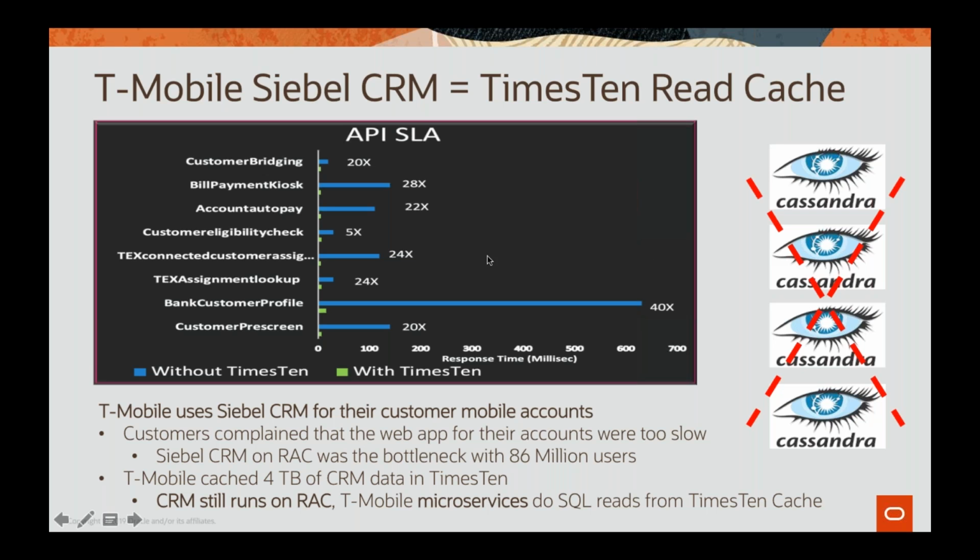They went back to the original data model, went back to the original SQL, and the JDBC microservices, instead of going against Oracle, connected to TimesTen. So they just basically changed the connect string, and it went significantly faster. So using TimesTen as a database read cache can really help things out.